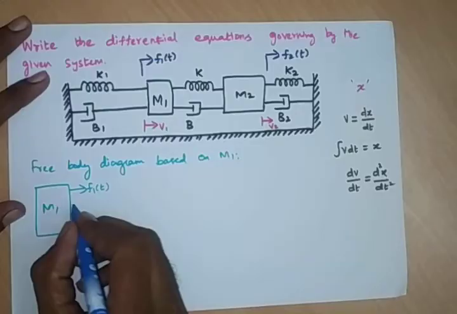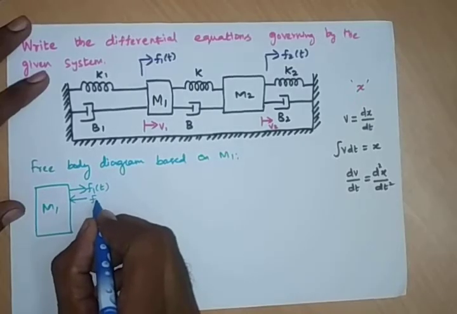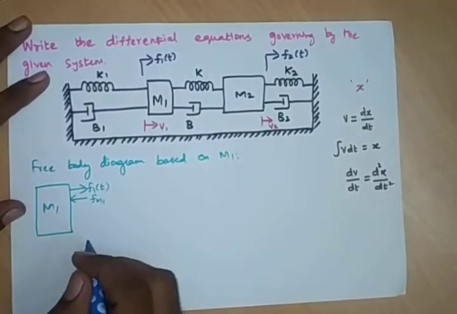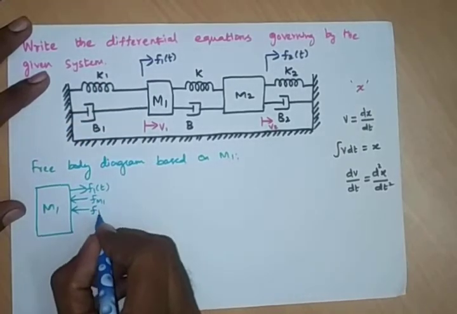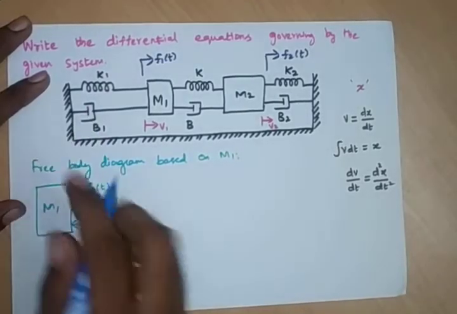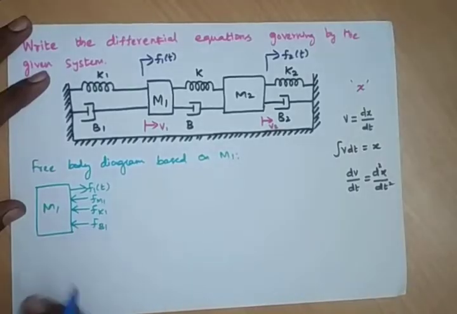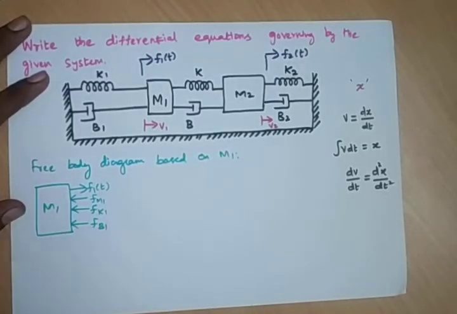In opposition to the applied force, there will be an opposing force due to the mass itself, an opposing force due to the K1 spring itself, and an opposing force due to the dashpot B1. There are 3 opposing forces dedicated to that particular node only.